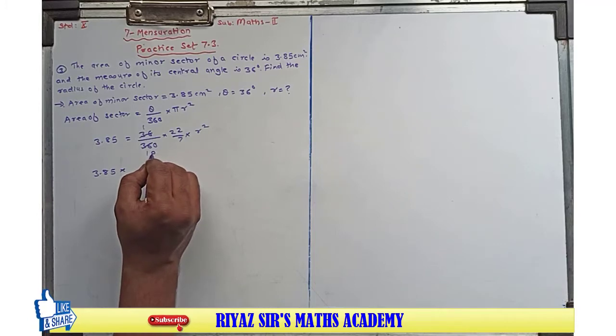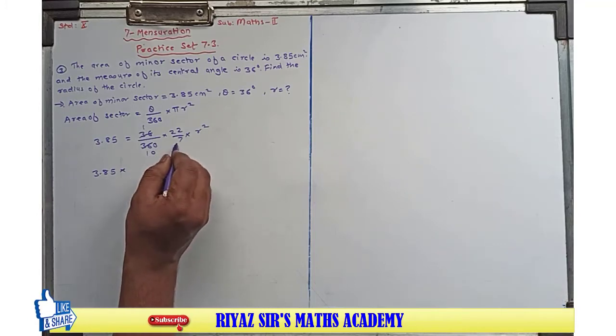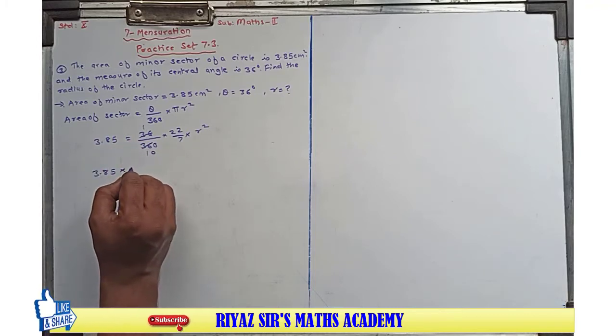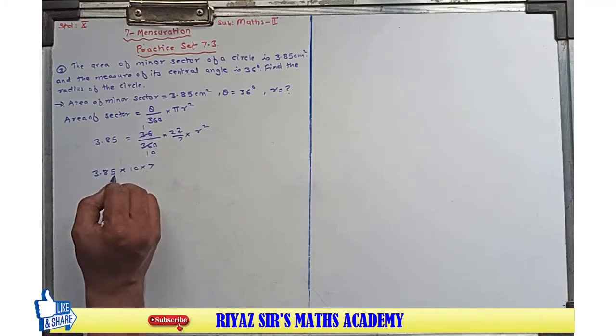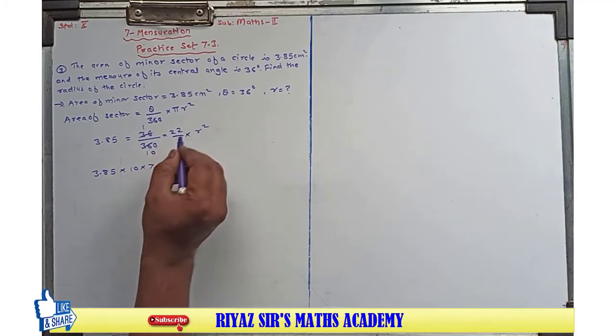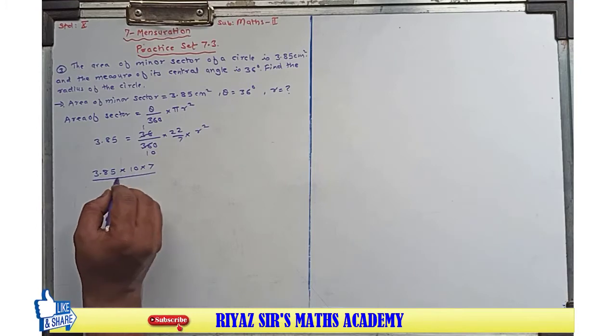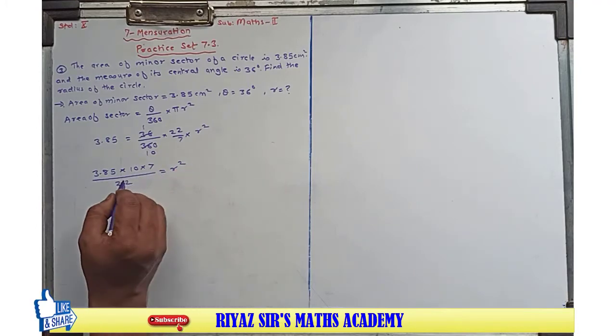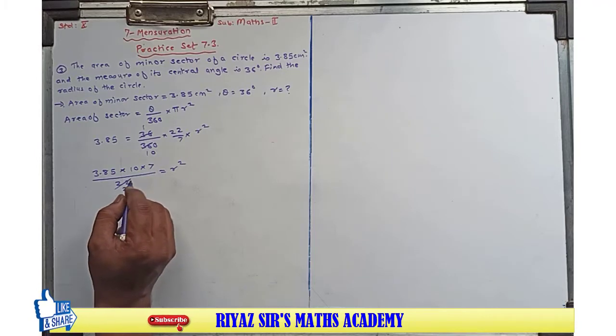After that, 3.85 into this 10 into 7, both are in denominator on right hand side. When we take both the numbers on left hand side, it comes to numerator and gets multiplied there. So 3.85 into 10 into 7, and this 22 is in multiplication on left hand side, that comes in the denominator, is equal to r square. Just simplify here, 11 2s are 22.